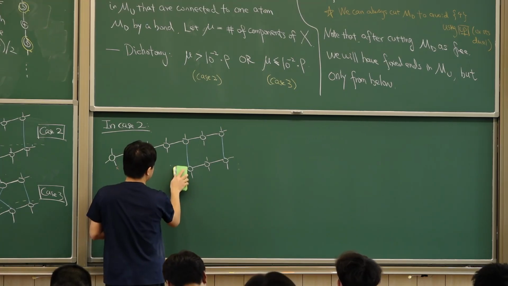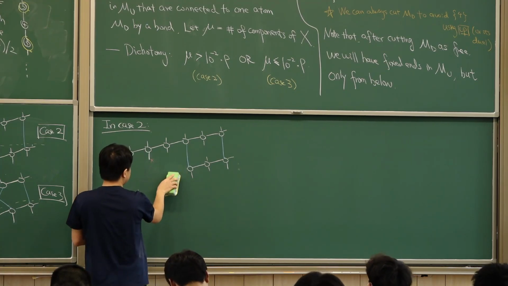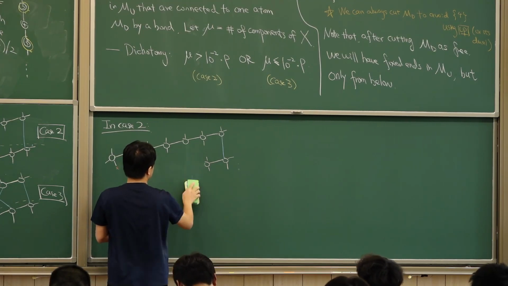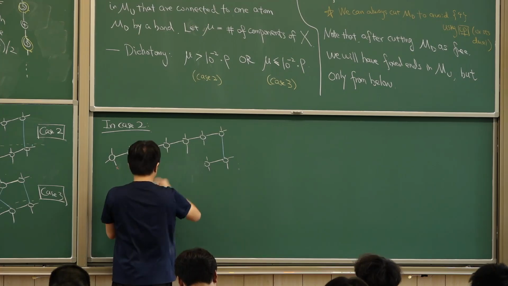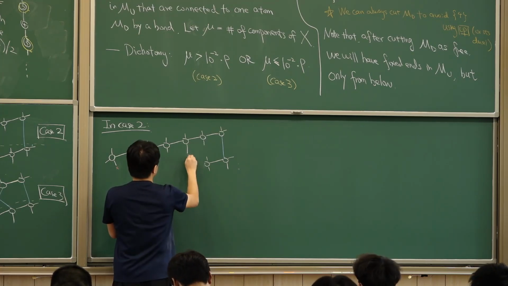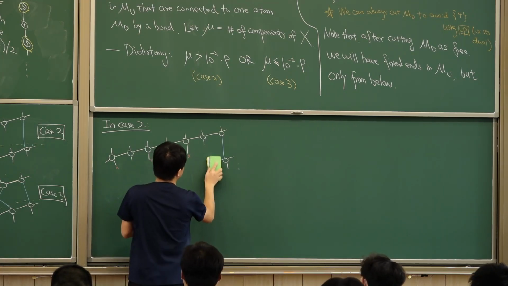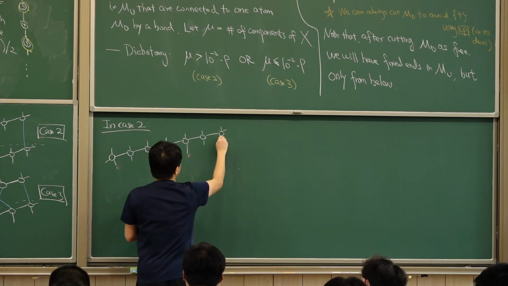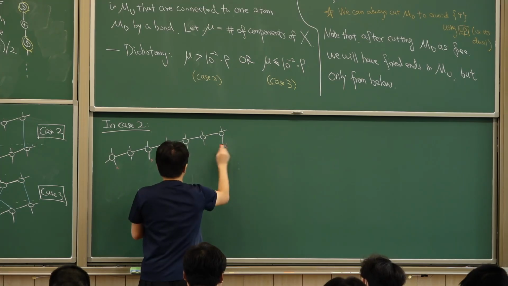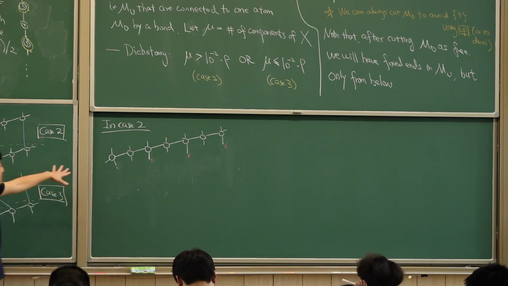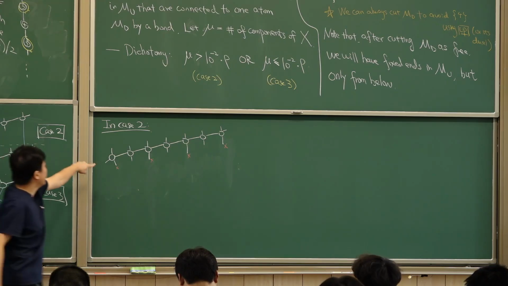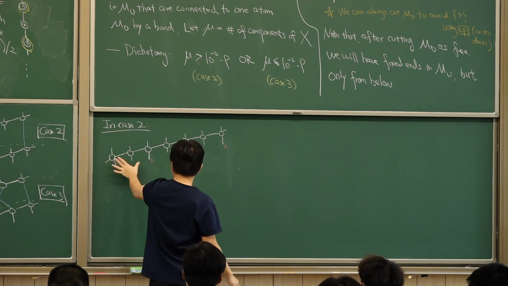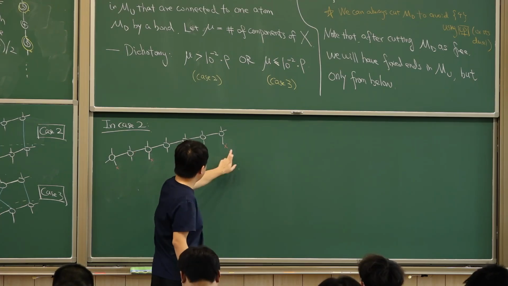And we cut this, which doesn't affect the top layer, but then we cut this, again introducing another fixed end. After this, we have this MU. Now it's still a tree, and it has a number of fixed ends from below.